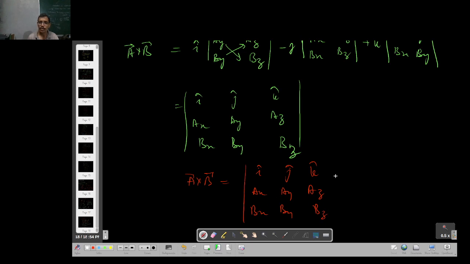So if two vectors are given in Cartesian form, then we can write the cross product in the form of a 3 by 3 order determinant. So that's all for today's lecture. This is the first part of cross product. In the second lecture I will talk about a few other properties and some problems based on cross product. So that's all for this.